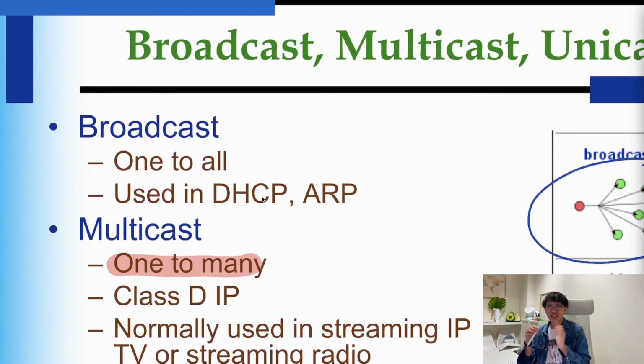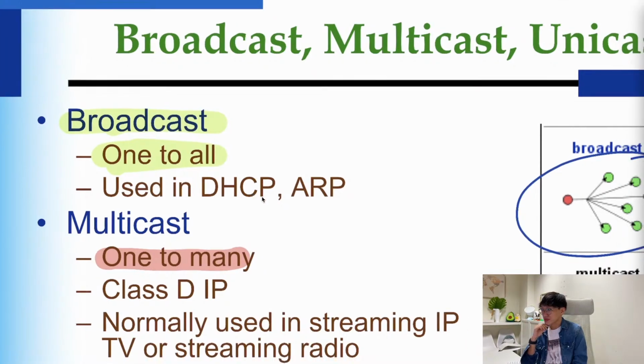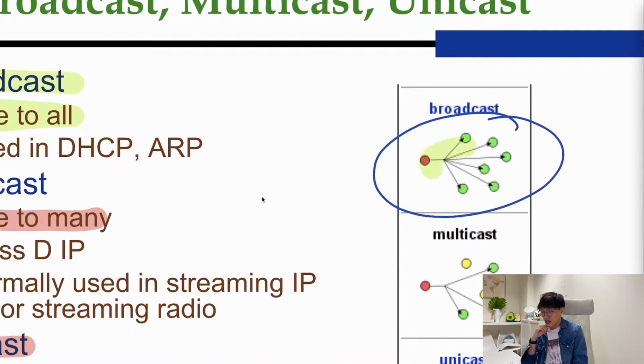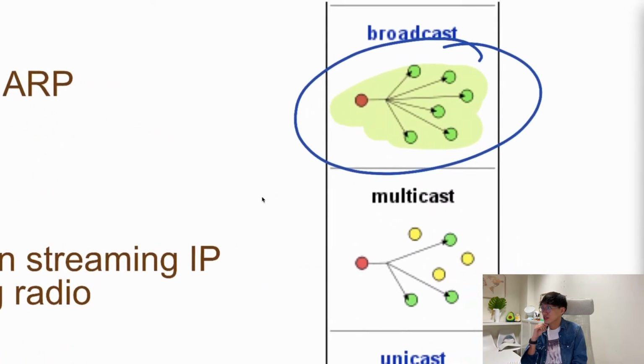Now the last kind of address is called a broadcast. A broadcast is what I said earlier, sent to everyone, so it's one-to-all. You see here, this red color guy sent to all the green color ones. So broadcast is very important. Let's say you want a message to be sent to everyone that is within the same network.